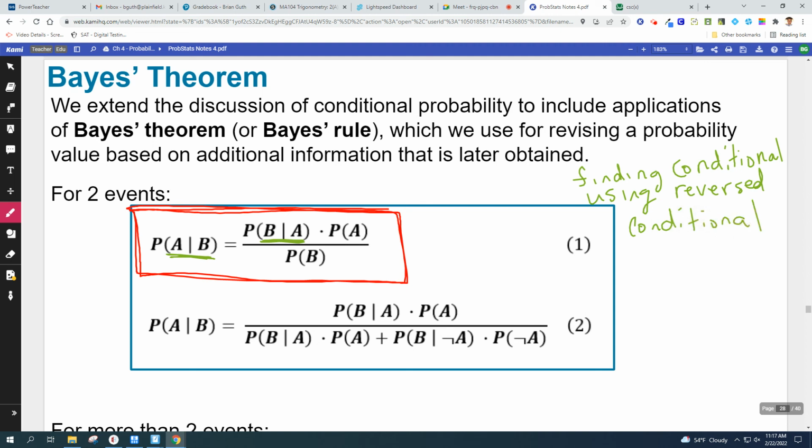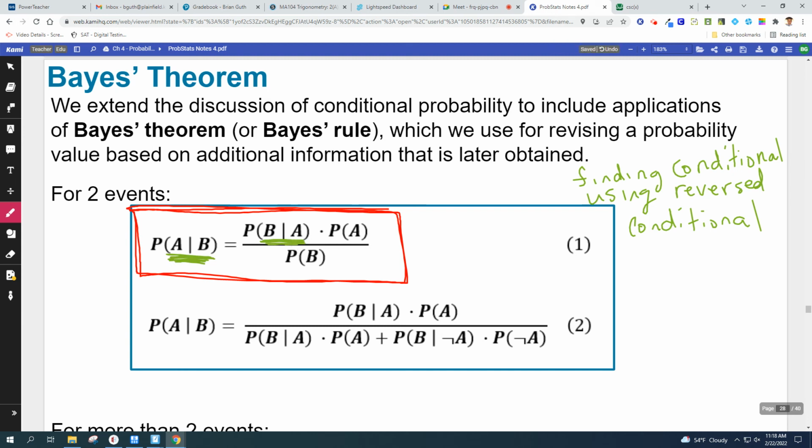That's probably the best clue to have to know how to deal with this. Because once you know it's Bayes, it's not that hard. But if you didn't know it was Bayes, this is going to be a struggle. Okay, so you got to identify this as a Bayes, and I think that's the best way. You're finding a conditional using a reversed conditional. That's the way this is.